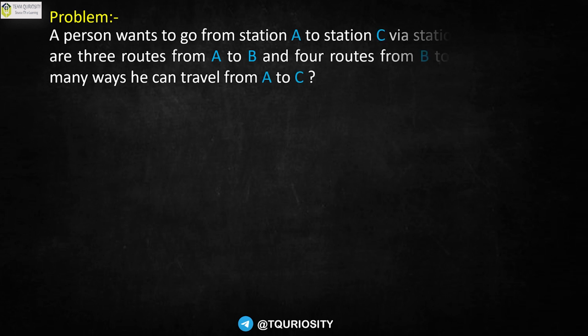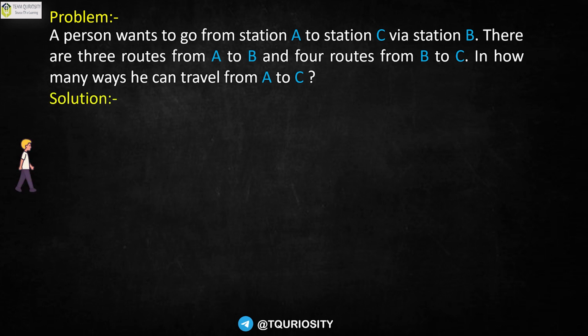Now come to problem number 2. In this problem, the question is: a person wants to go from station A to station C via station B. There are 3 routes from A to B and 4 routes from B to C. In how many ways can he travel from A to C? Let's discuss the solution of the problem. There are 3 stations.